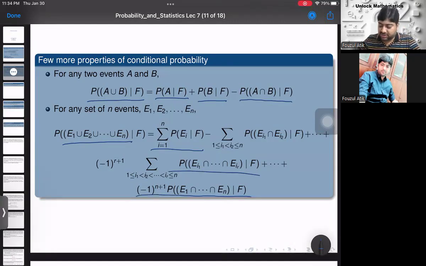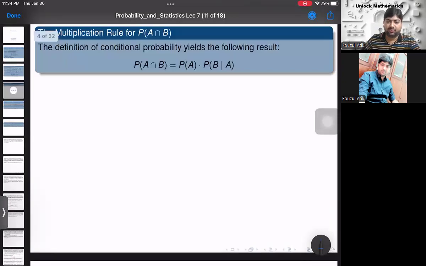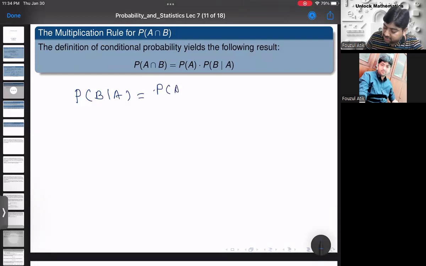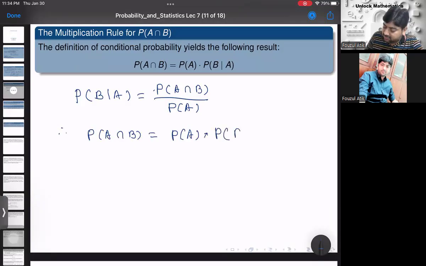Okay, now we'll discuss the multiplication rule for P of A intersection B. This basically comes from conditional probability only. So we all know that the probability of B given A is equal to P of A intersection B divided by P of A. From that we can easily get that P of A intersection B is equal to P of A into P of B given A. Correct?